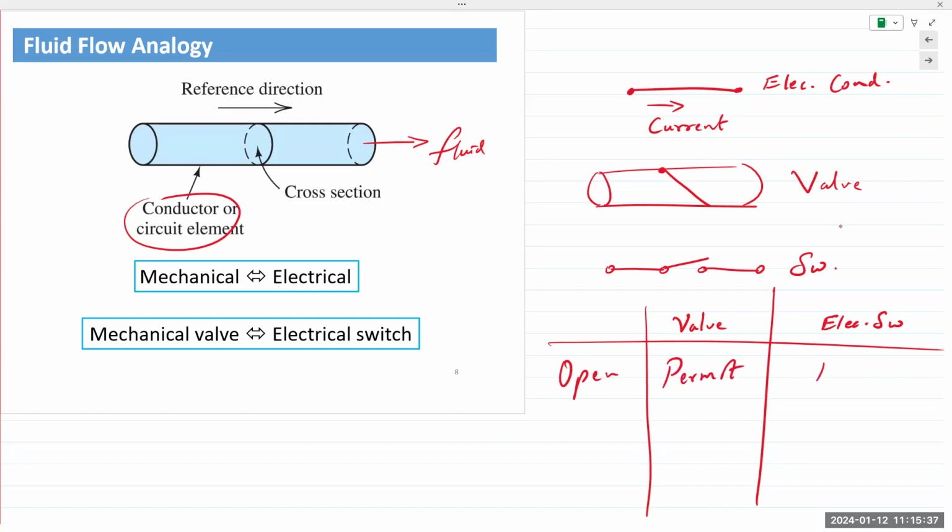But if a switch is open, it will block the flow. Conversely, a closed valve will block the flow, but a closed switch is required in order for current to flow through. Right? Make sense?